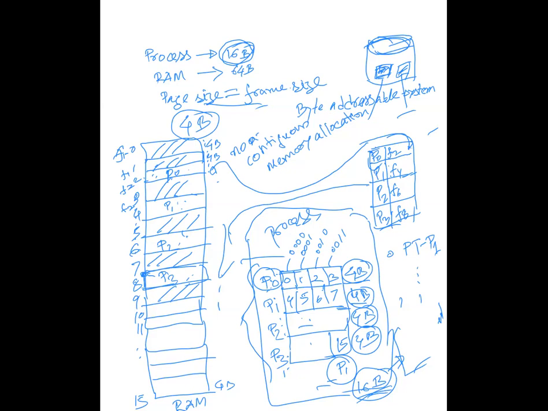In contiguous memory allocation, your CPU maintains only a base address, and after it gets this base address, it increments one by one and executes the whole process.